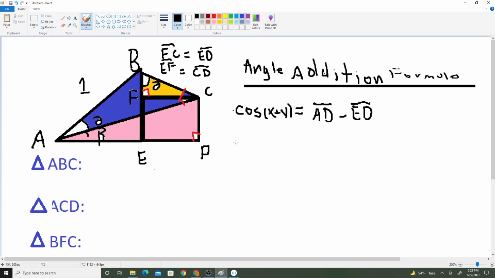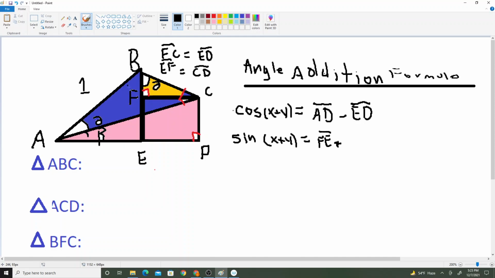All right, so then we'll do the same thing for sine of x plus y. We're going to add FE and BF. The reason we're adding and not subtracting is that to find AE we have to take AD minus ED, but here we add them, because this is the opposite of this triangle, and this is the adjacent.